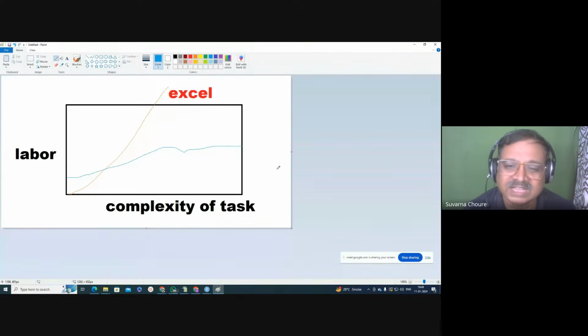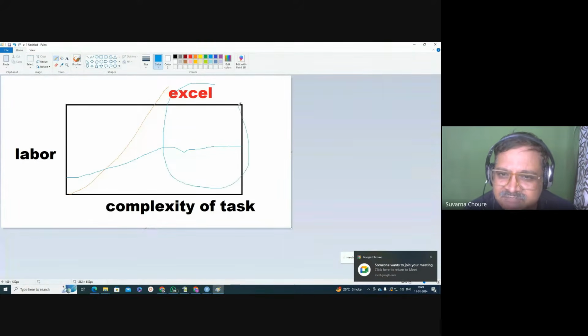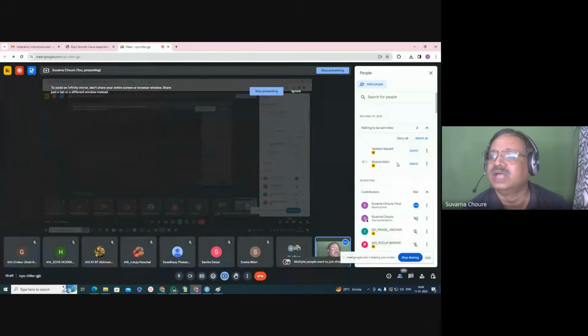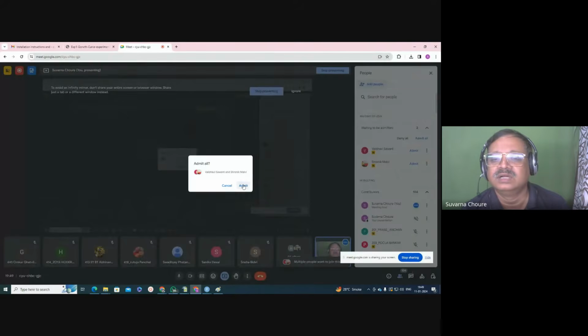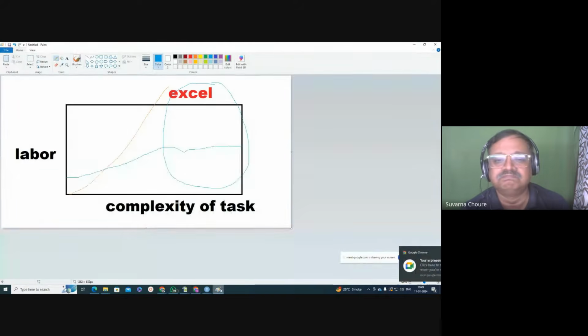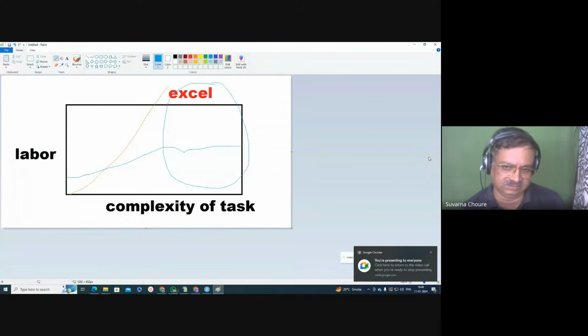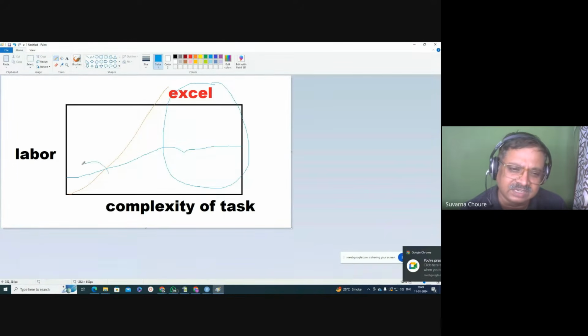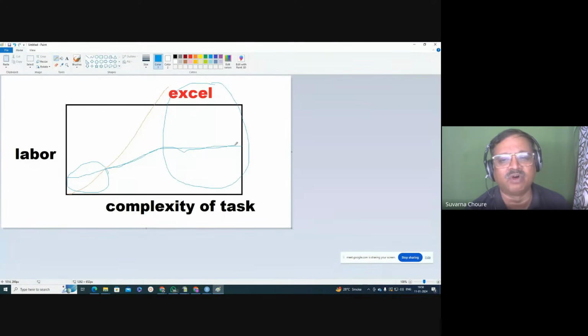For very complex works, Excel is almost ineffective. And for simpler works, R, you find it little difficult. But as you go on practicing R, as you go on learning R, things will become much easier for you.